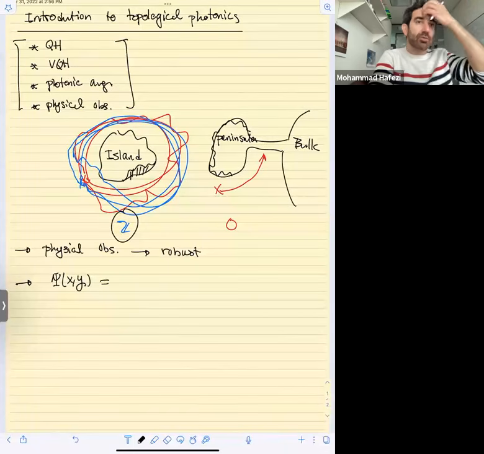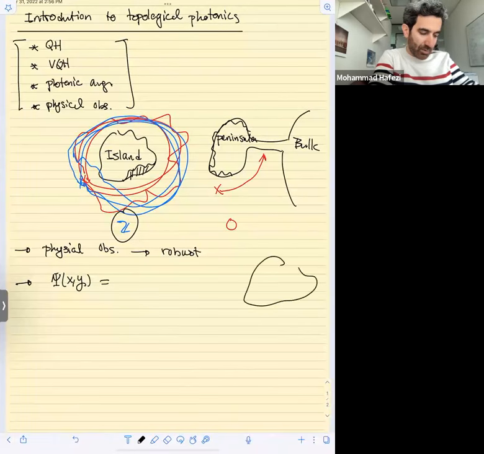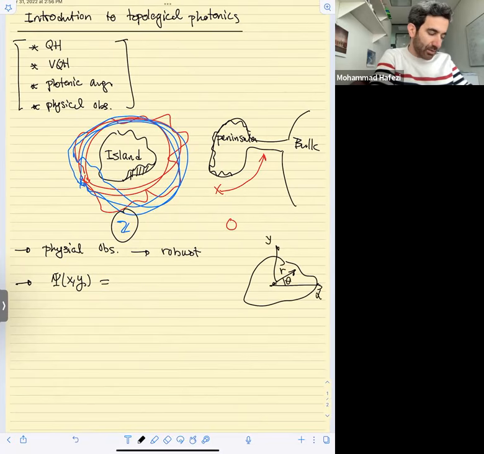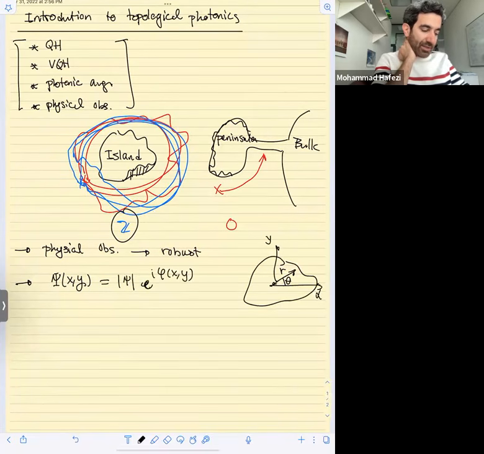I can write it not only in terms of x and y, I can also write it in the polar coordinate, in terms of r and theta. So it has an amplitude, but it also has a functional dependence on the phase.